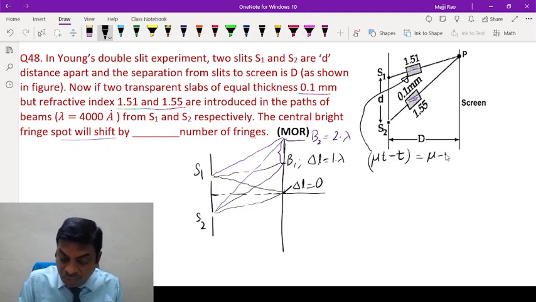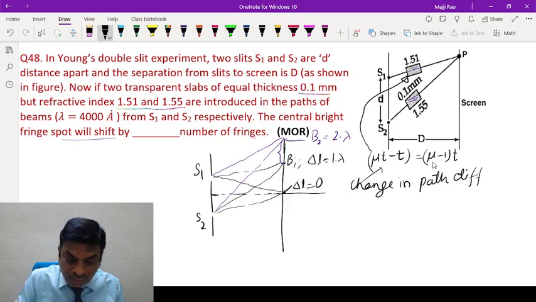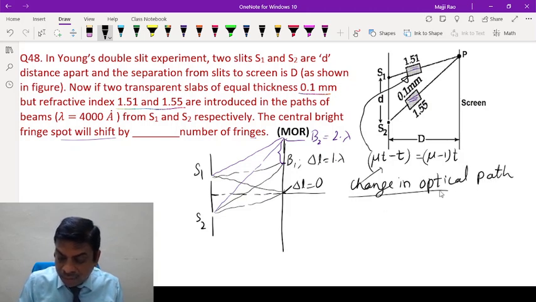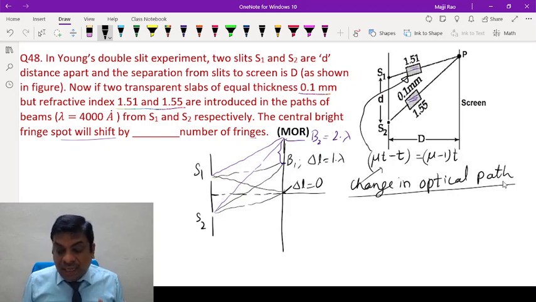So this is the change in optical path. And the difference in optical path is nothing but the path difference. For the two different waves, the difference in their respective optical paths will give you the change in path difference.